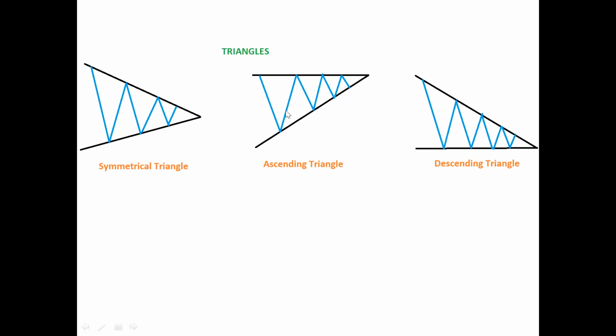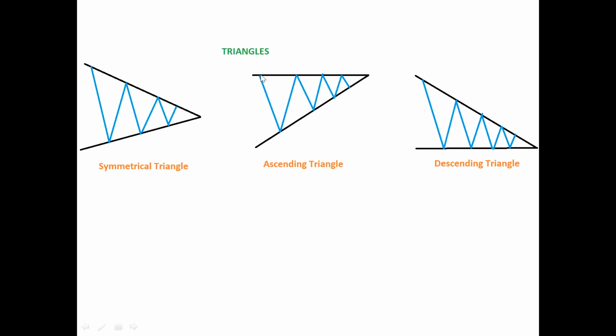Then we have the ascending triangle. In the case of an ascending triangle, the higher lows are formed. You see, this is a low, then we have this low which is higher than this, then we have this low which is higher than this low which is higher than this, but nearly similar or equal highs are formed. You see, this high is equal to this high is equal to this high.